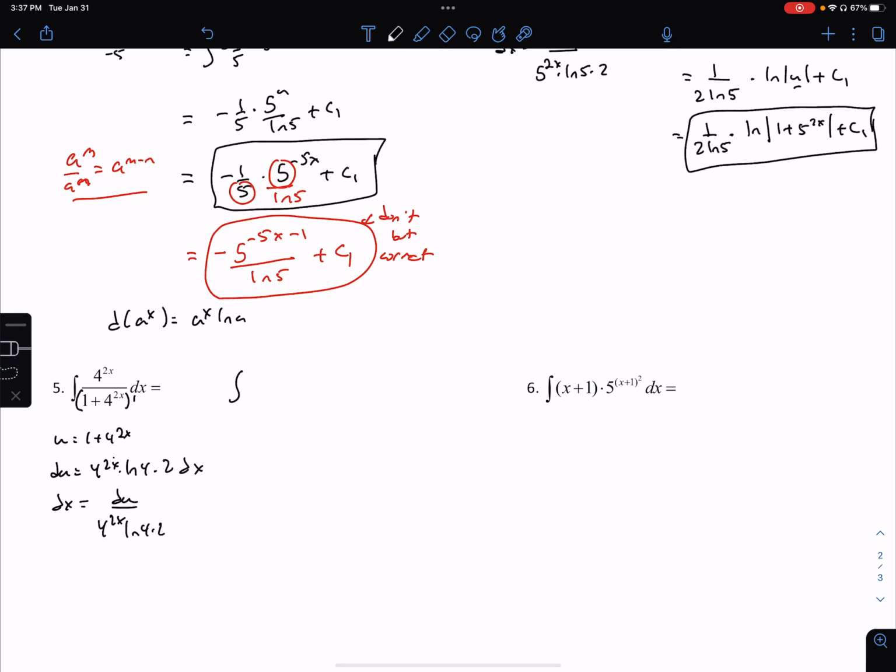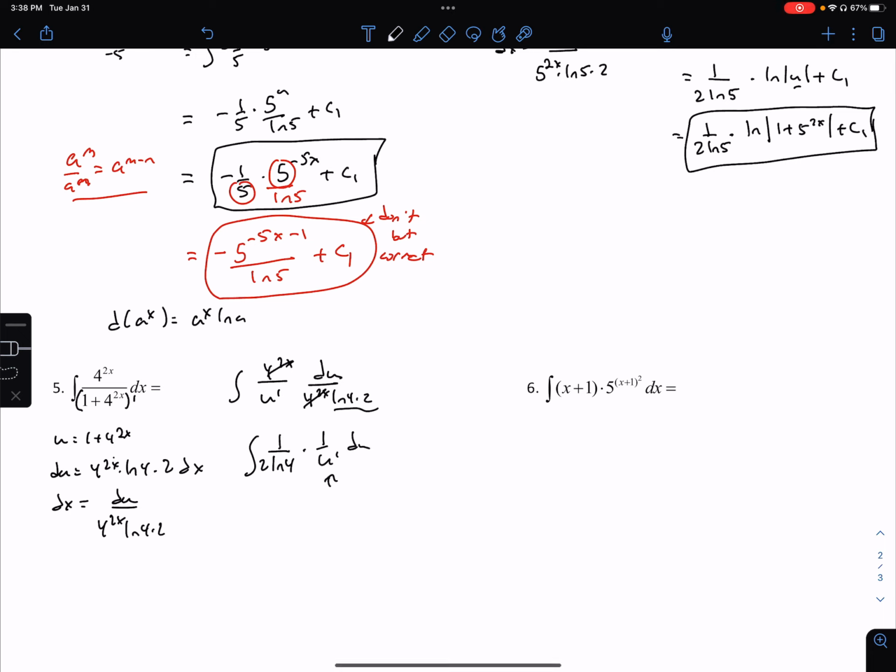And if I rewrite this, we get our 4 to the 2x over u to the 1, du over 4 to the 2x, natural log of 4 times 2. 4 to the 2x's cancel. Bring our constants to the front. And again, I'm going to put my 2 in the front there, just make it look easier so I don't confuse it and make it natural log of 8 by accident. And I'm left with 1 over u to the first.